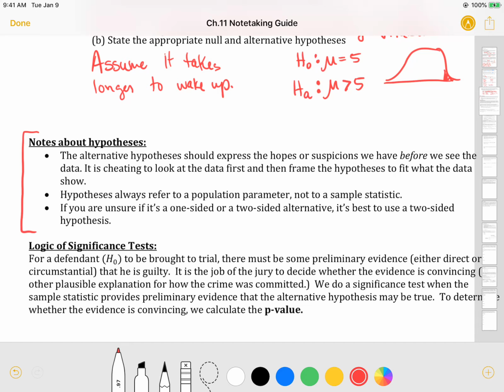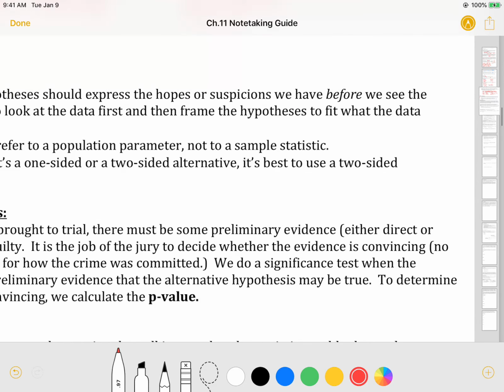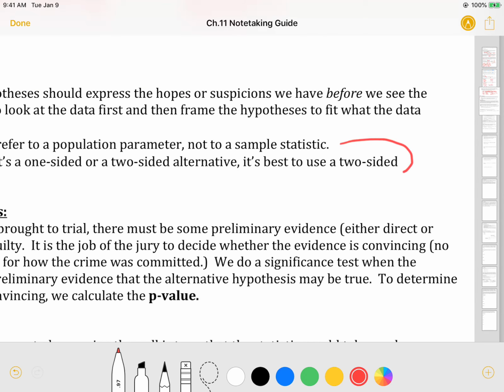The second point is the hypotheses always refer to the population parameter and not the statistic. So on that note, what I do not want to see is, say for instance, H0: x bar is equal to 5. That's using a statistic.